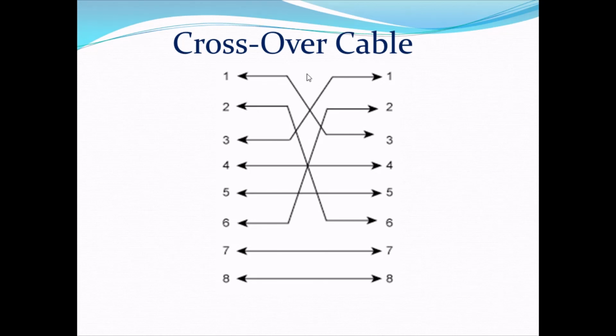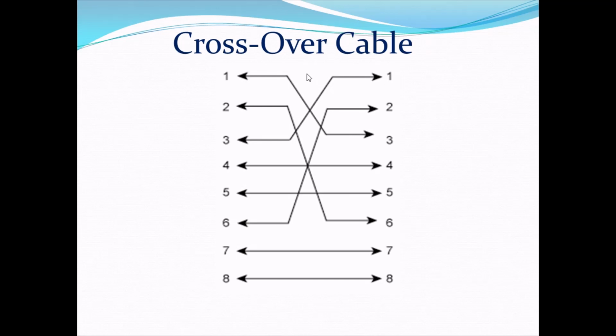The reason we use a crossover cable is that the first pair will be for sending traffic, and the third pair will be for receiving traffic. So if you use the same cable, the communication will not be established, because of these two devices. To overcome that, we use the crossover cable.